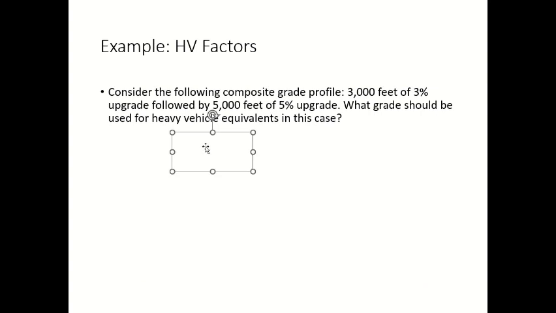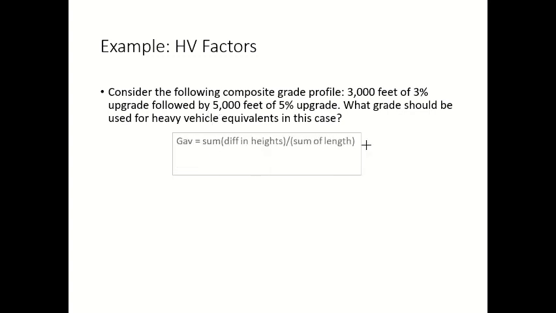So according to the average gradient method, they take the sum of difference in heights divided by the sum of length. So we have two gradients, right? For each gradient, I will calculate the difference in height. And for each gradient, they have given me the length. So the difference in height will go on the top and the length will go at the bottom.